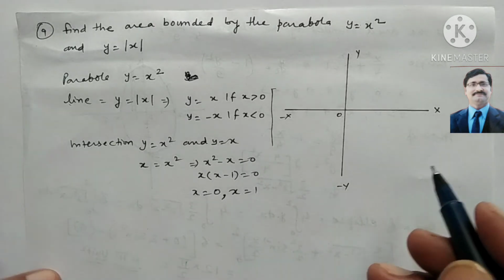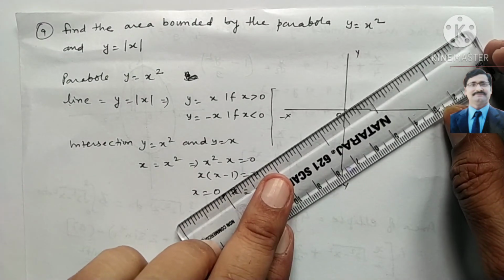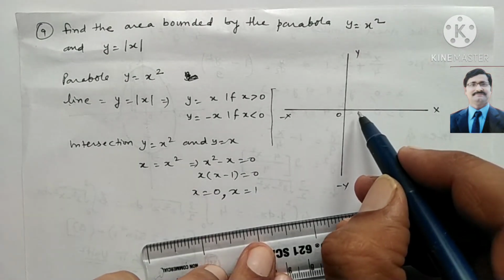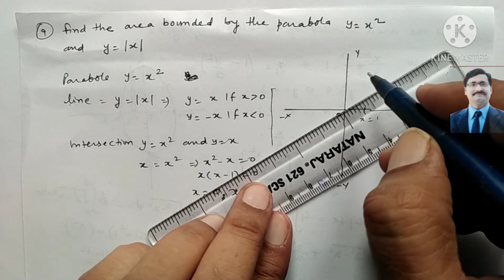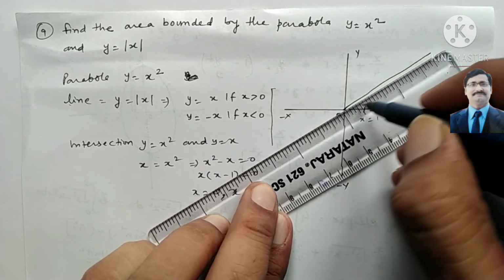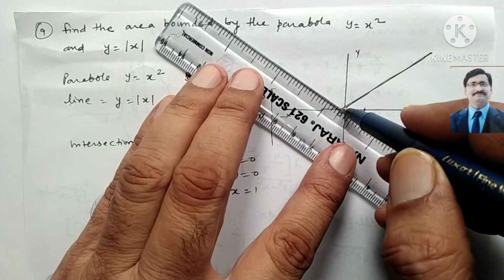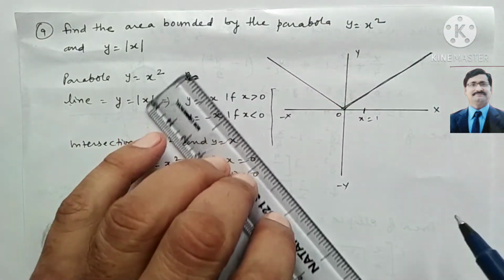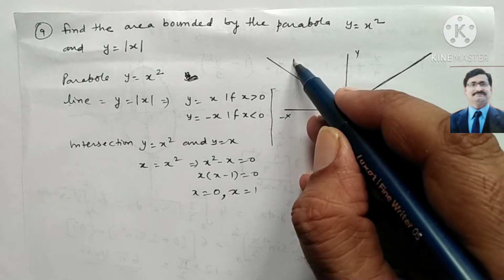And look here, this point x equal to 1 and 0 means we have this line x equal to 1, it is the intersection. And second, this line y equal to x will be this type. Okay, this type line will be, and on the second side we have this line same as this side, and here this curve, this parabola is this format.